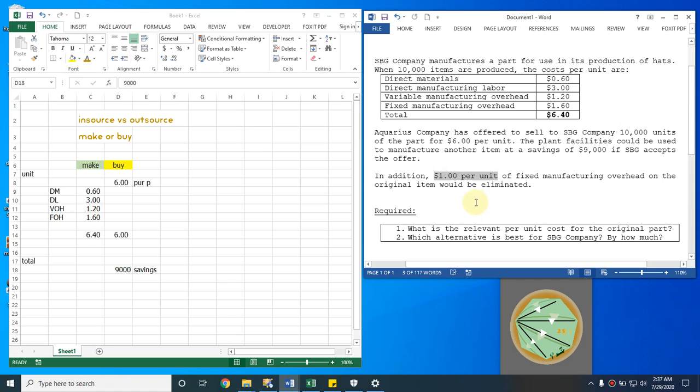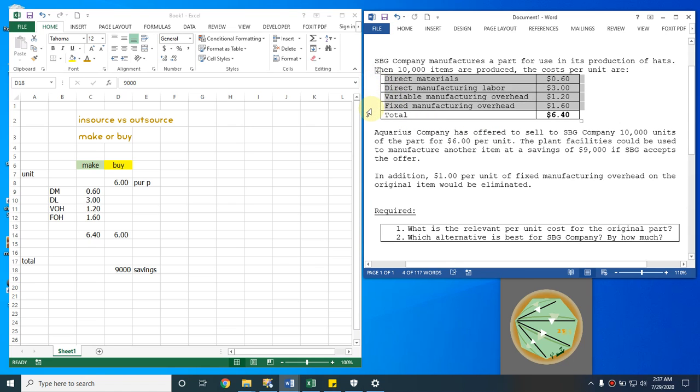So that is to be eliminated obviously if the company chooses to buy, because if the company continues to make, then these are the considered normal or standard production costs, so there will be no changes here.